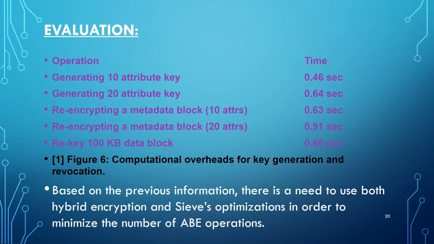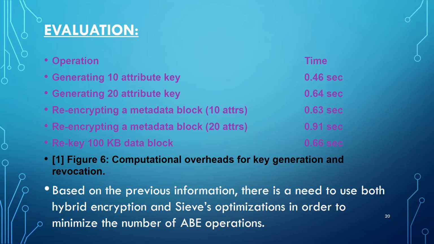If it's 20, 0.64. Re-encrypting metadata blocks with 10 attributes takes 0.63 seconds. Re-encrypting the metadata blocks again with 10 attributes, 0.91. And rekeying a 100 kilobyte data block is 0.66.